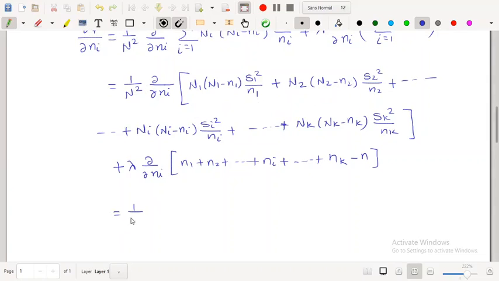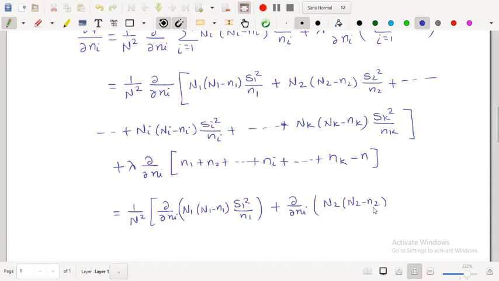So after taking this derivative inside the bracket, this will be 1 upon n square dou by dou ni of n1 into n1 minus n1 s1 square upon n1, plus dou by dou ni of n2 into n2 minus n2 s2 square upon n2, plus plus plus, up to.